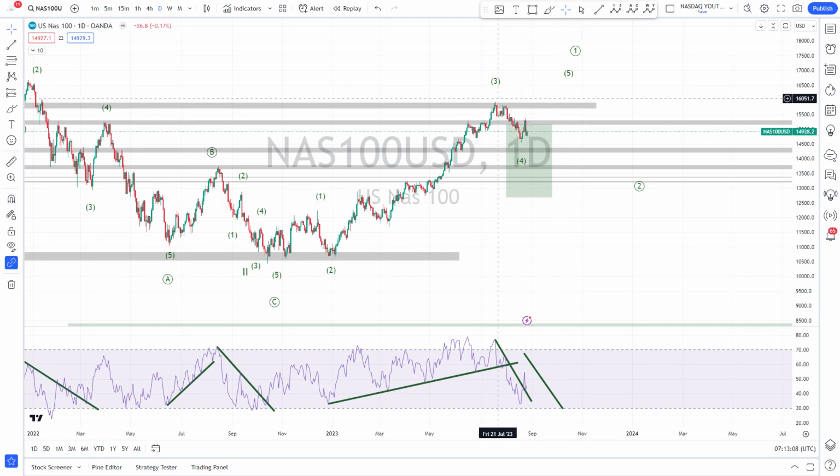So my main expectation would be that this was just the first part of a corrective move, that we are now correcting the first corrective move.